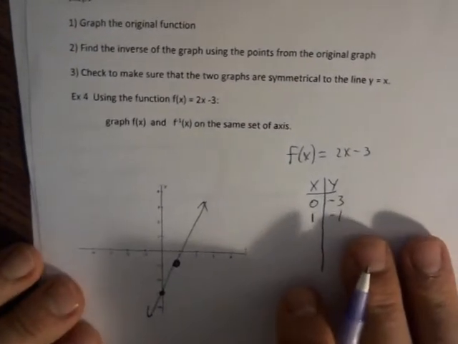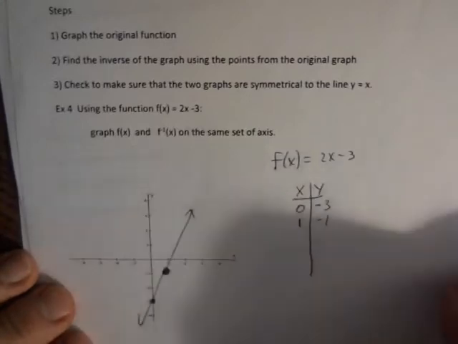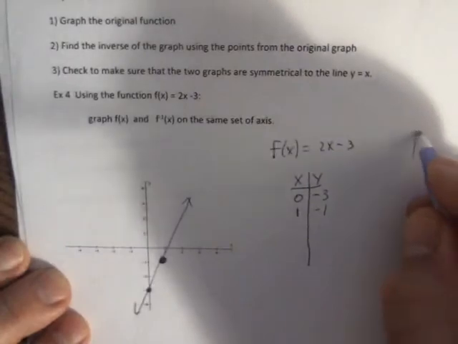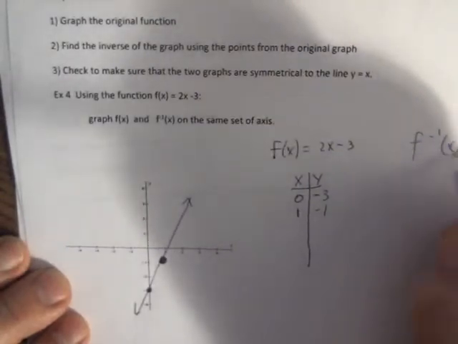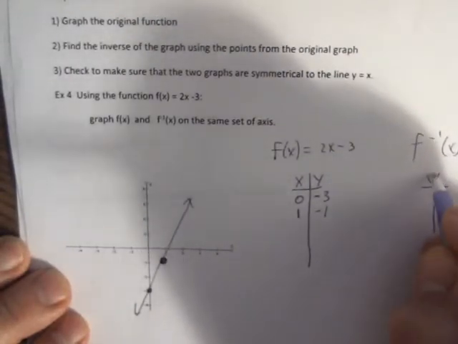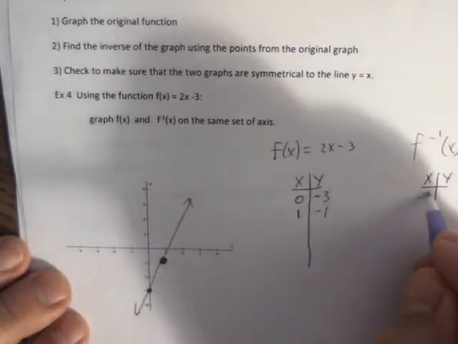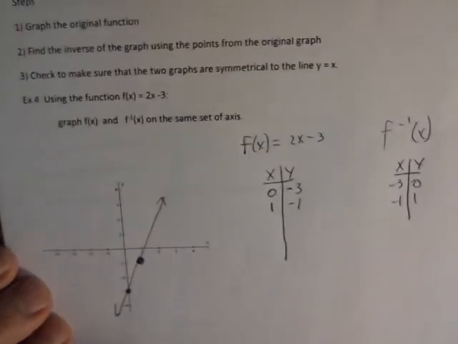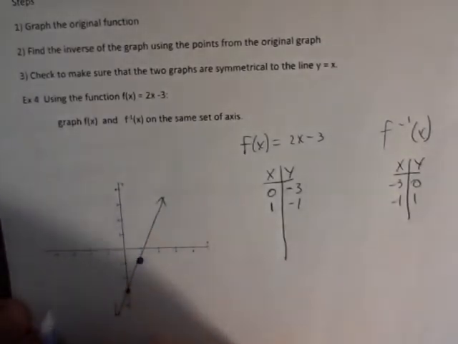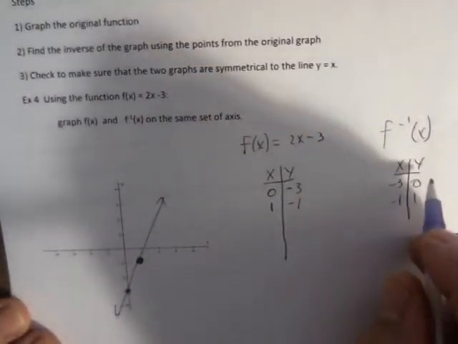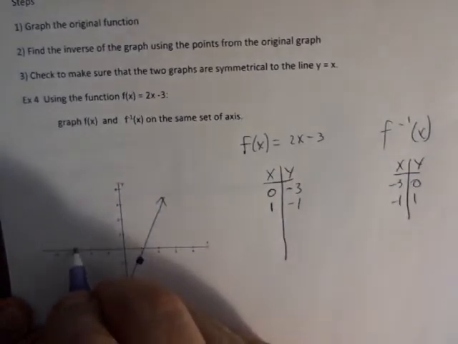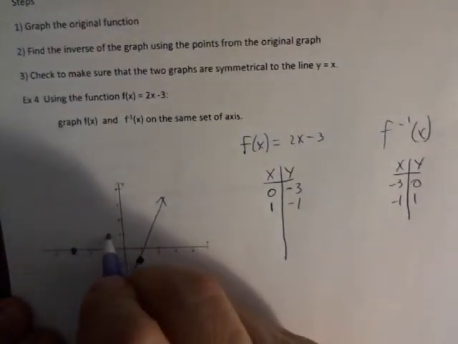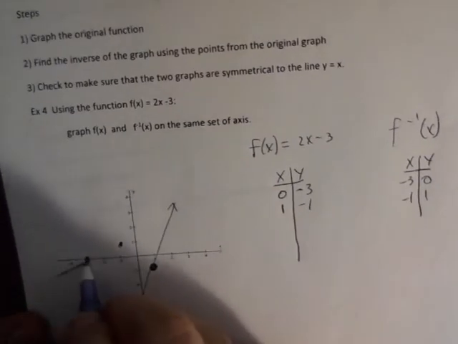Now I don't even need the equation to graph the inverse. For f inverse of x, all I'm going to do is reverse the coordinates. So I get (-3, 0) and (-1, 1). Plot them and draw it.